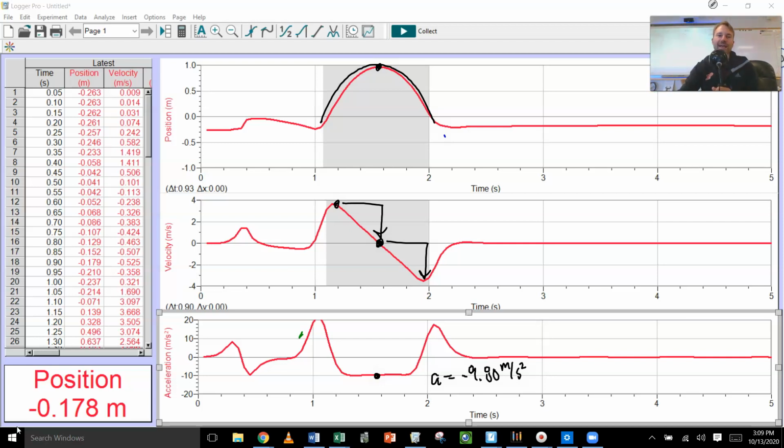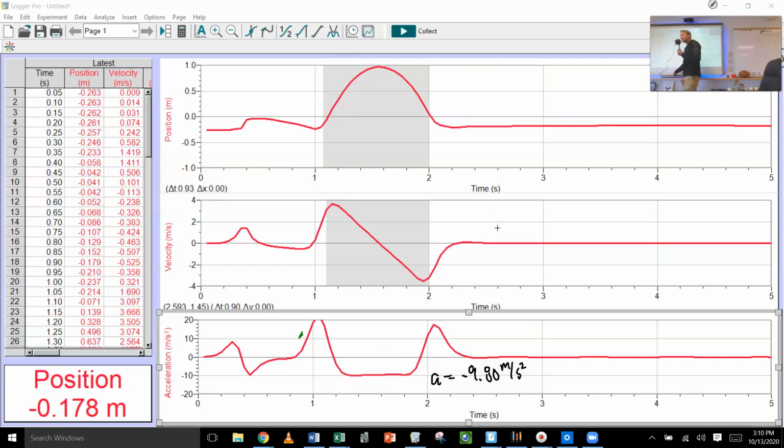If you happen to be in calculus, I know that's not many of you, but sometimes I have a couple of people who are in AP Calc, or maybe even further, like Calc 2 or Calc 1 at the university. What this is doing is taking the derivative. Going from your position versus time graph down to velocity, it's the derivative. The slope at any point is equal to the velocity.